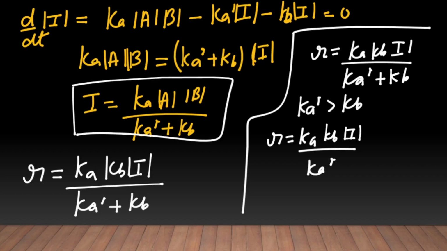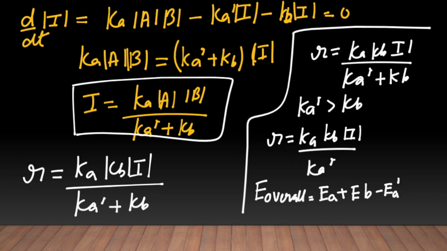This is what we will be getting. The overall energy expression for this one will be equal to Ea plus Eb minus Ea dash. This is what we will be getting, Ea dash, right?